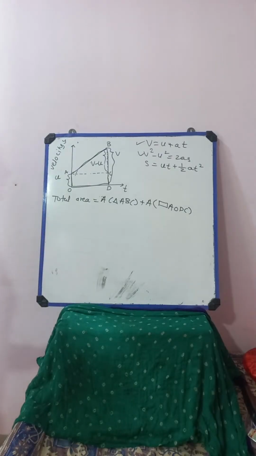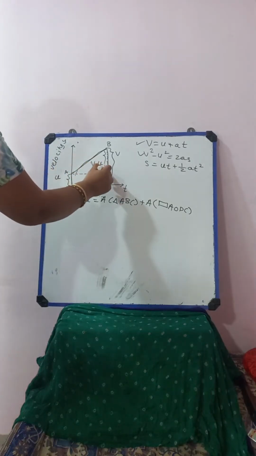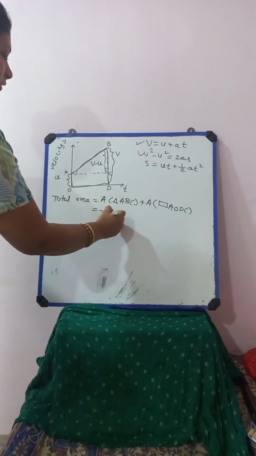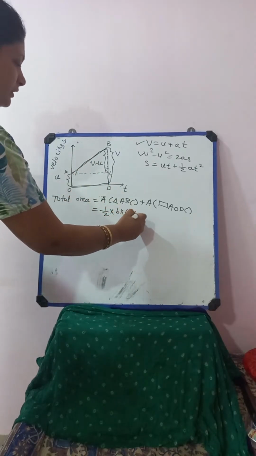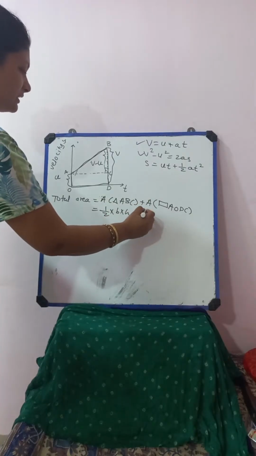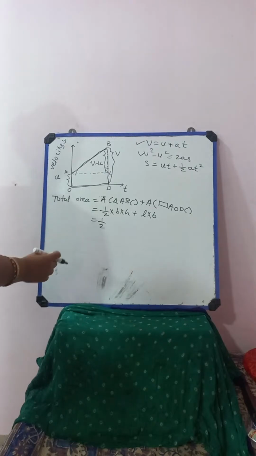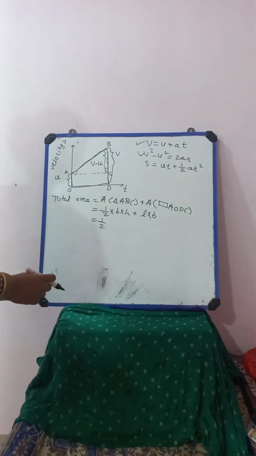So area of a triangle, here it makes 90 degrees, no? So area of a triangle is half into base into height, plus area of a rectangle is nothing but length into breadth. So half I will keep as it is, base into height.